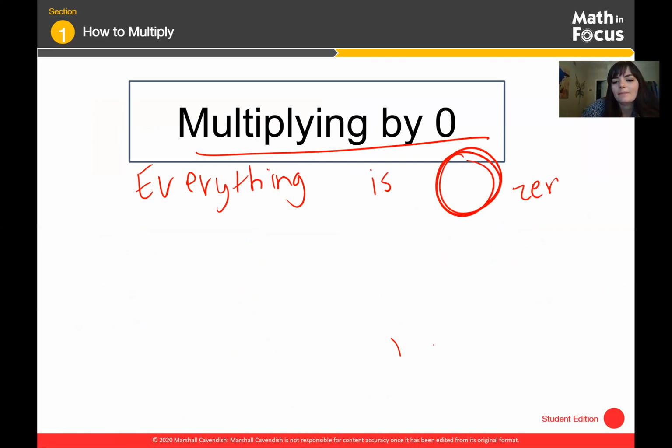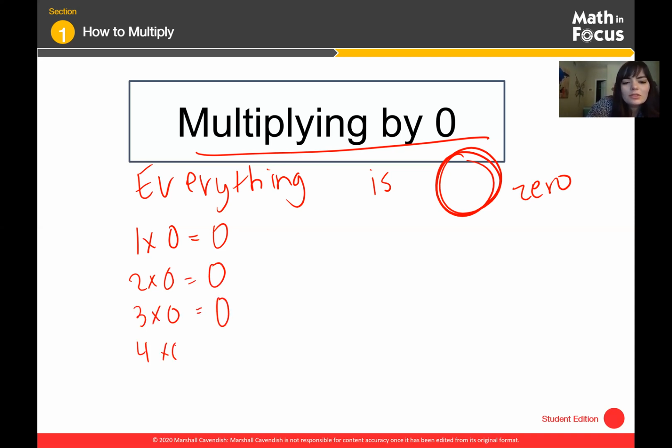All right. 1 times 0, instead of it being 1, the only time you multiply by 1 and it is not 1 is by 0. 1 times 0, 0. 2 times 0, 0. 3 times 0, 0. 4 times 0, 0. 1,000 times 0, 0.